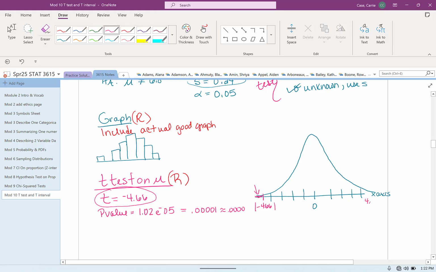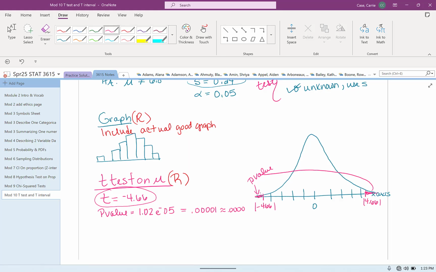So that's 4.66 up here also. And so our p-value is also associated with that end. But those p-values, or those areas above and below the test statistic, are so small that they're almost zero.